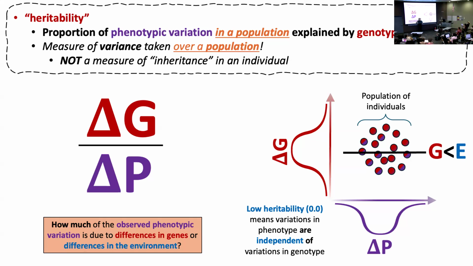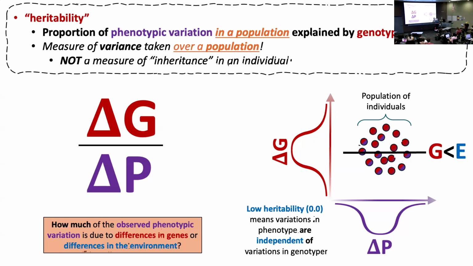But it might be the case that for every little a individual out there who sleeps 4 hours a night, there's another little a individual out there who sleeps 8 hours a night. So even though there's variation in how long you sleep a night, and there's variation in the genes, they're not connected. And so we would say it's not a heritable trait, this how long you sleep at night.